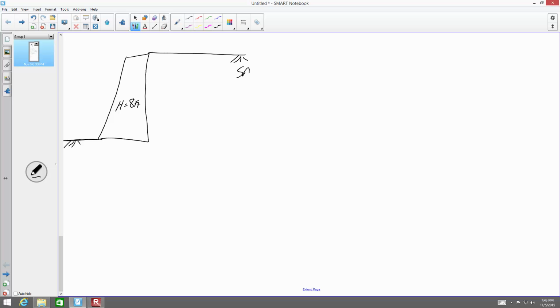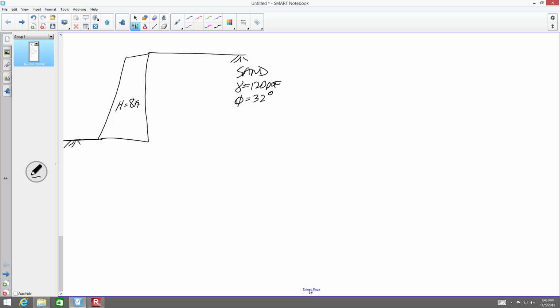Clean, dry sand. Ooh, we like that. For which the unit weight is 120 pounds per cubic foot. Phi equals 32 degrees. Calculate the active earth pressure at the base of the wall.